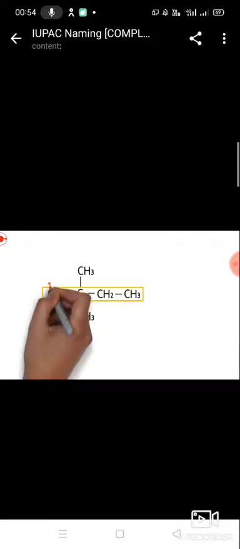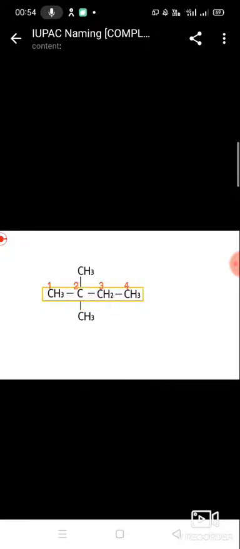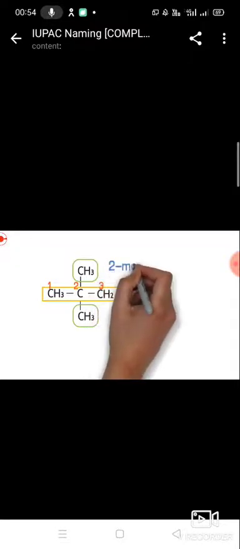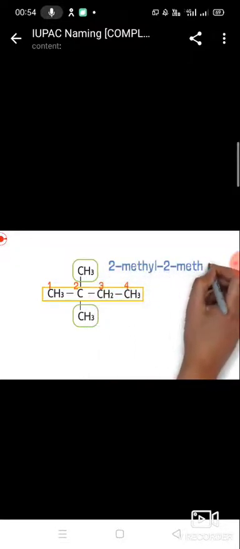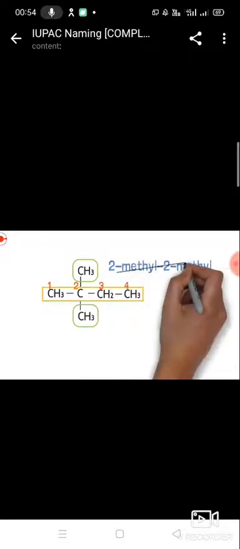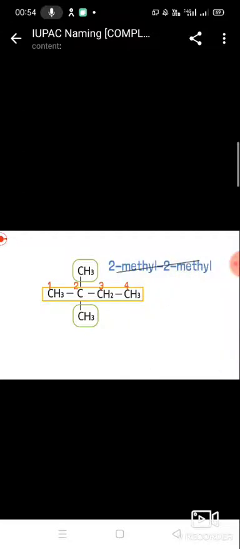Look at this compound. How many carbon atoms are there in a straight line? 4 carbon atoms. In the second carbon atom, 2 methyl groups are there. So first you have to write the number. Next you have to write the substituent. So 2, 2. And how many groups are there? Methyl group is there. So 2 methyl, 2 methyl, need not write.